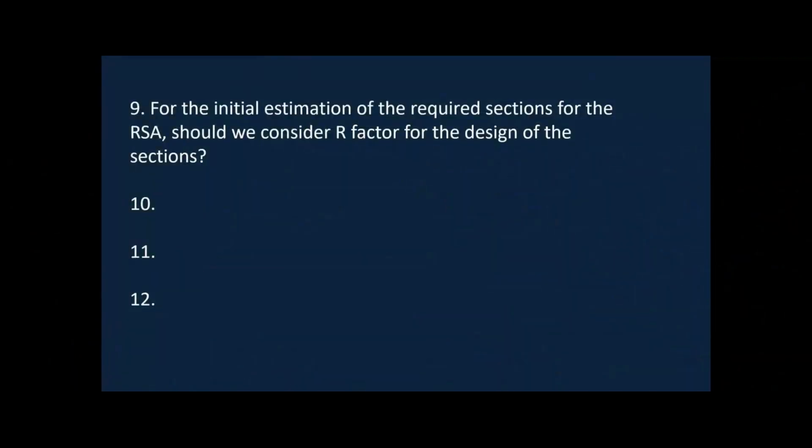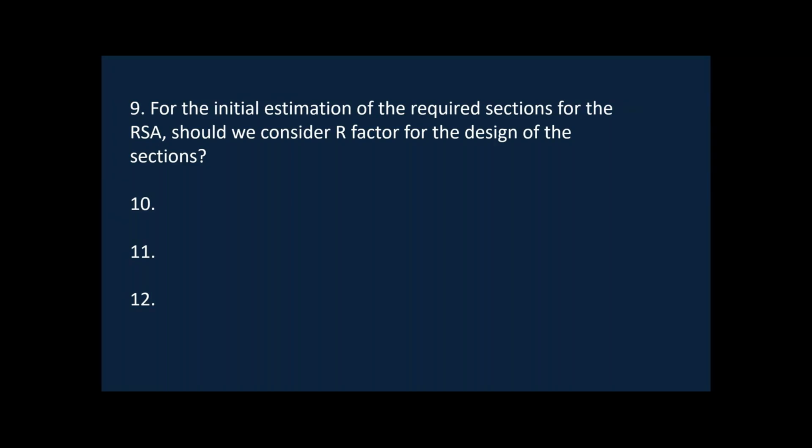Even if we are designing the columns, or it is the initial design or the first step, the reason being, if you're not considering the response reduction factor, then it means that you are considering the seismic demand 5 times more than the requirement of the code.